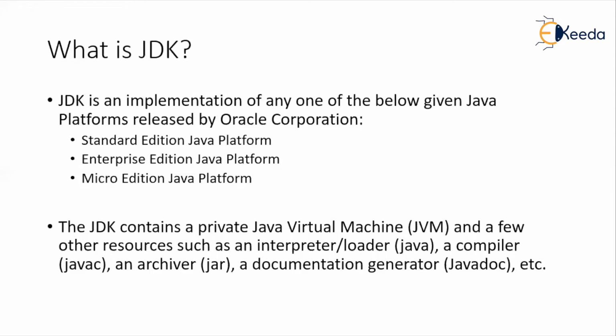Enterprise Edition has got the environment for developing web-based or enterprise-based Java applications, and Micro Edition is used for developing software for various devices like a washing machine or microwave. So when these machines require some Java software development, this edition is utilized.